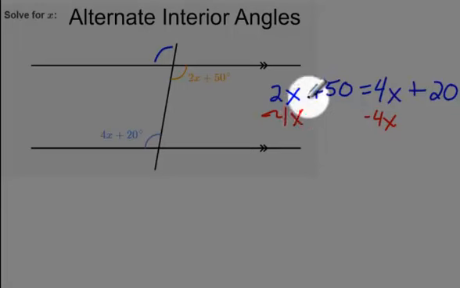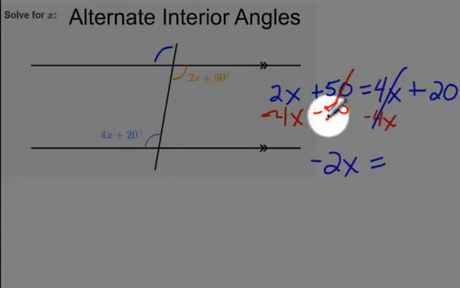It's pretty messy because I'm writing too quickly. And 4x minus 4x is gone. But 2x minus 4x is negative 2x. Let's deal with the other side now while we're at it. I'm going to subtract 50 from both sides. Gone.